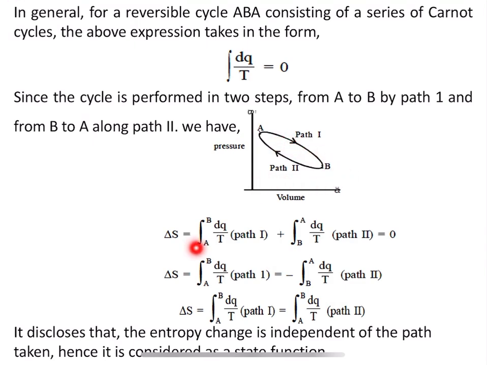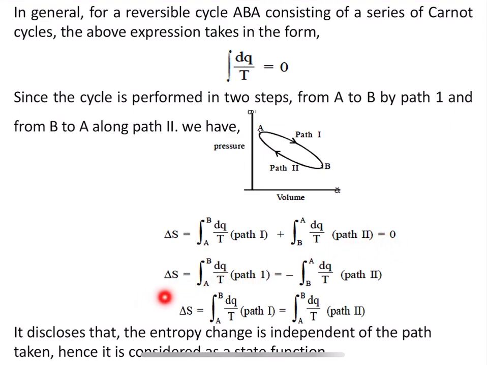So we can write the integral from A to B of dq divided by T along path 1, plus the integral from B to A of dq divided by T along path 2, will be equal to 0.